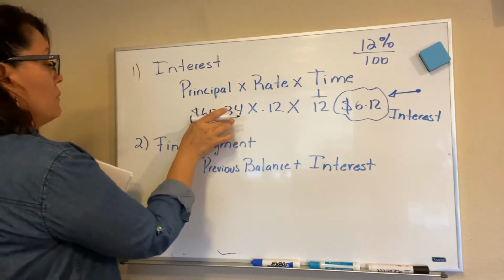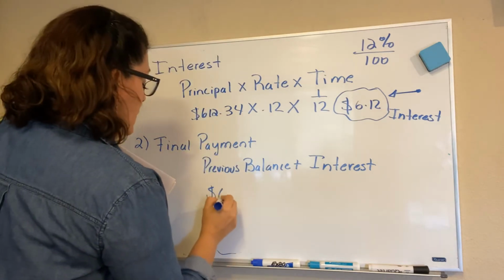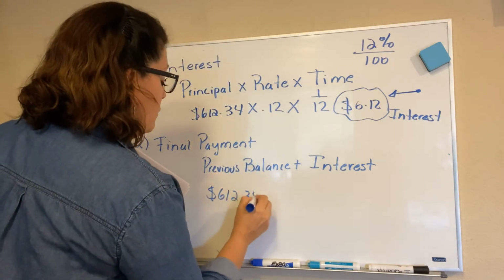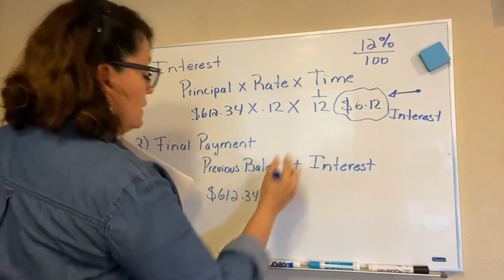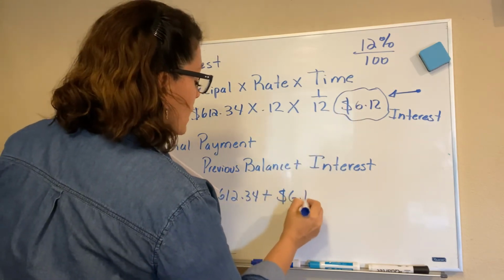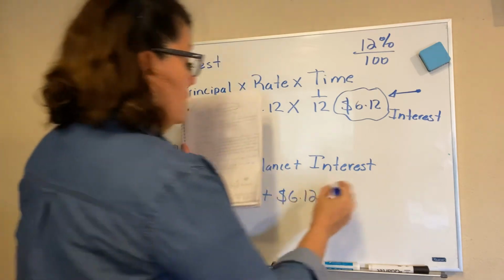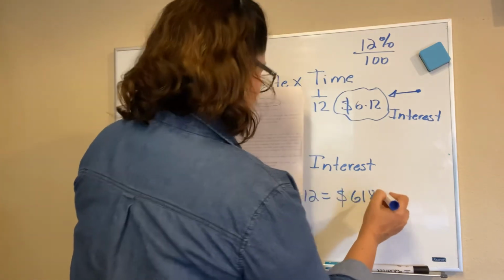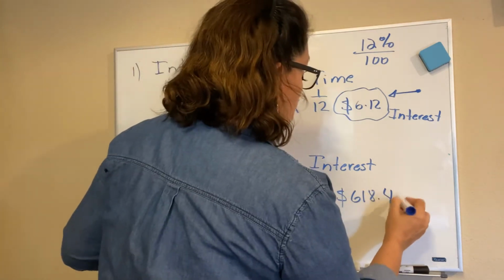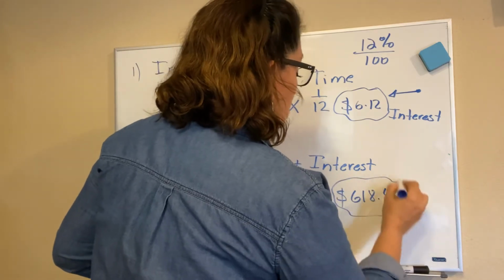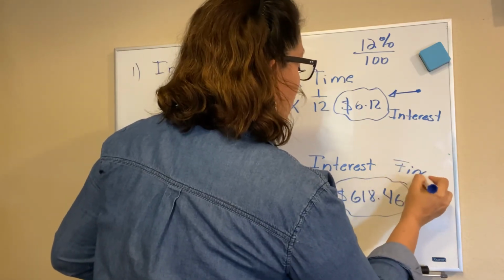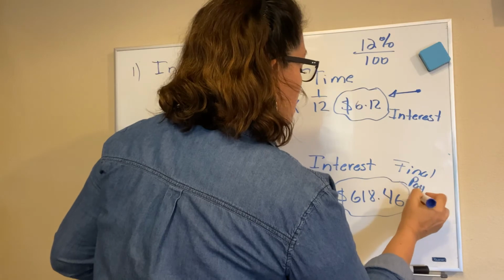So I'm going to grab the previous balance, which was 612.34, and I'm going to add the interest, which is $6.12. So at the end, it's going to be 618.46, and that is going to be the final payment.